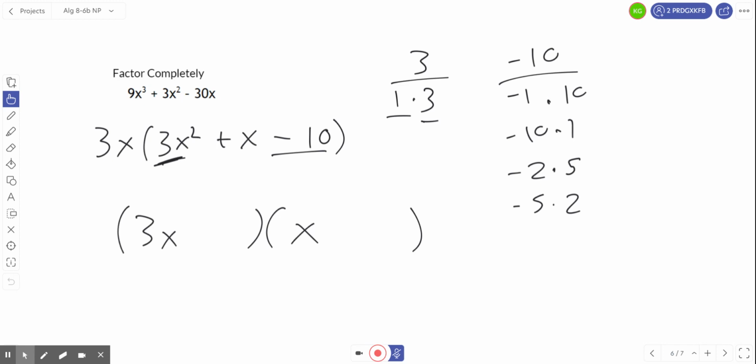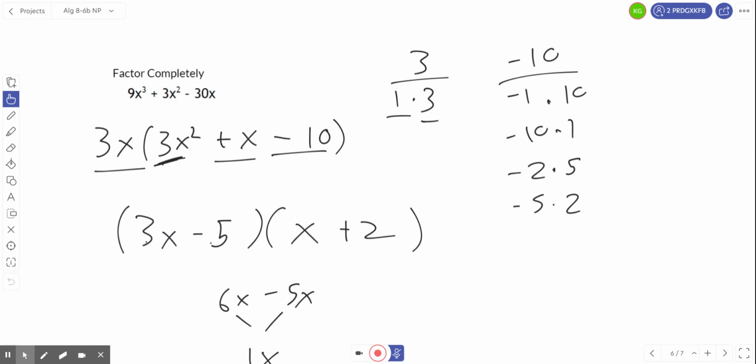If I have the negative 5 and the positive 2, because the positive 2 gets multiplied by 3, it'll be 6, and the negative 5 gets multiplied by 1. 3 times 2, 6x. These are my middle terms. And negative 5 times x is negative 5x, and those two will combine to give me that 1x that I was looking for in the middle.